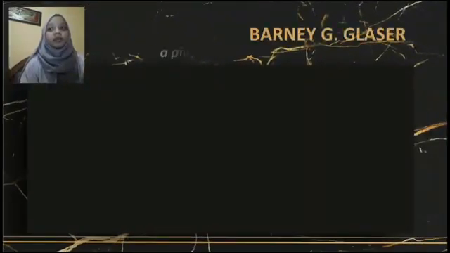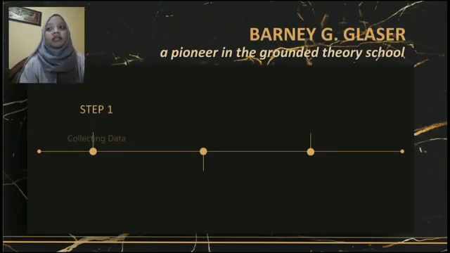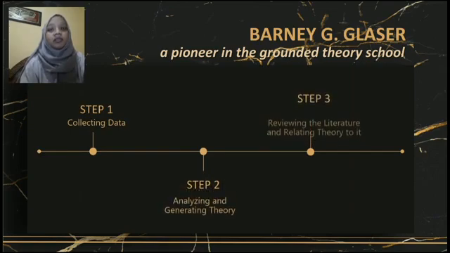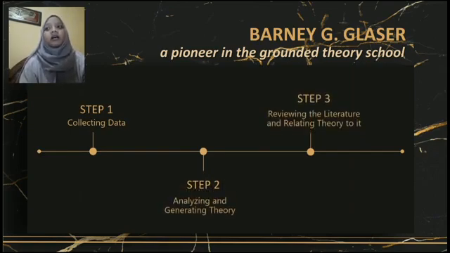Next, what is the role of related literature in qualitative and mixed method research? According to Barney G. Glaser, a pioneer in the grounded theory school within qualitative research, the approach they use starts from collecting data, then analyzing it and generating theory.